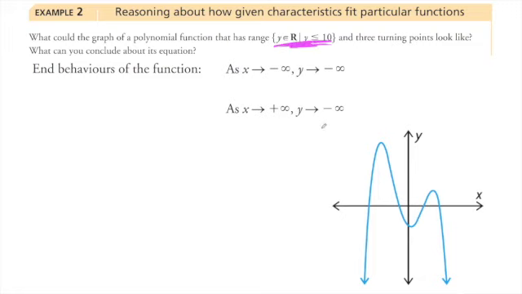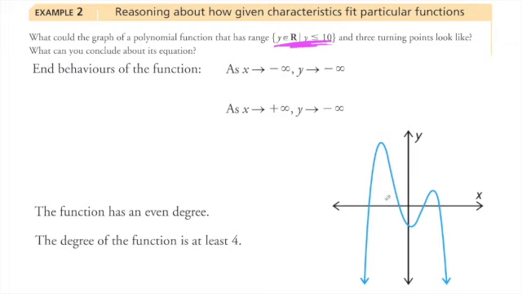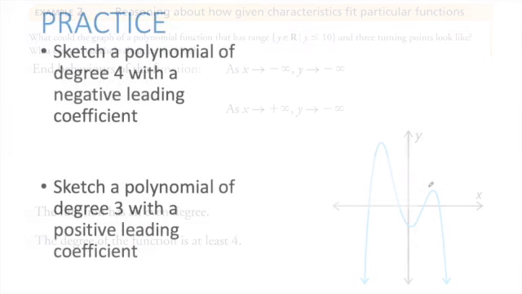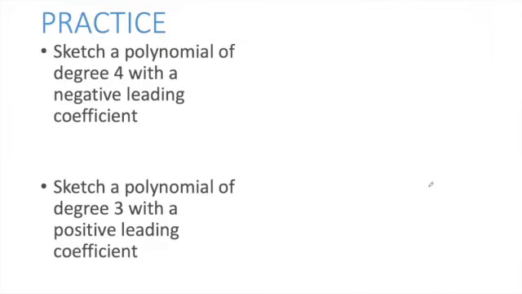And the degree of the function is at least 4. And that is based on it having 3 turning points, right? If it has 3 turning points, it can't be degree 2, because it wouldn't turn enough. A degree 2 would only have 1 turning point, okay? So that is what you can conclude there about that function, okay, and that graph.